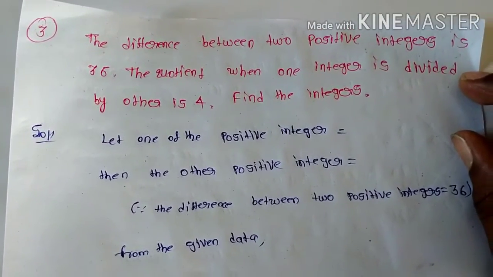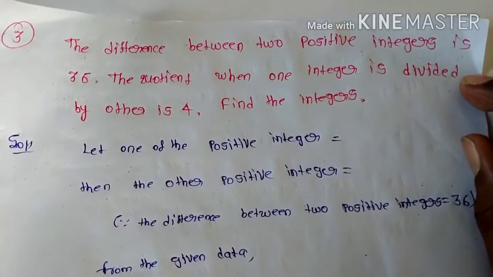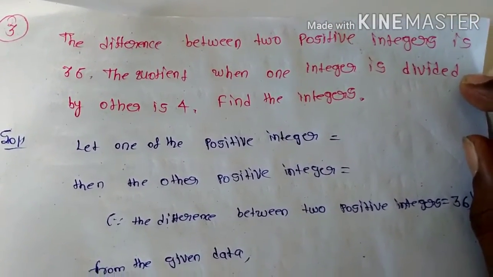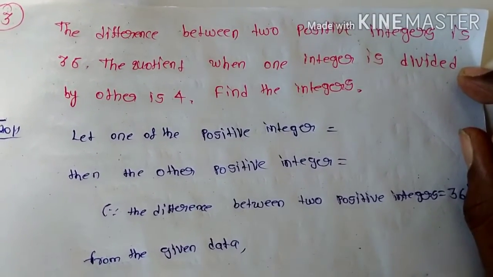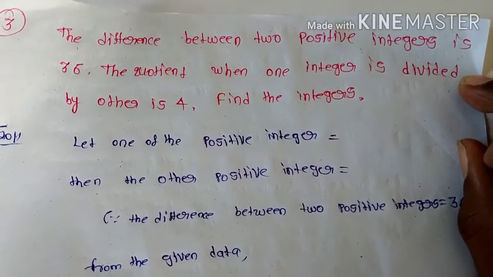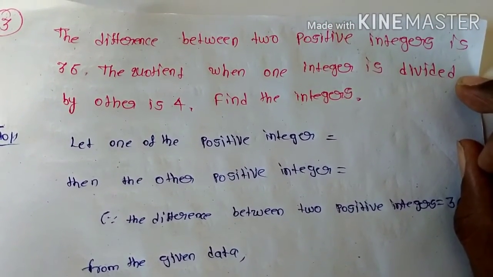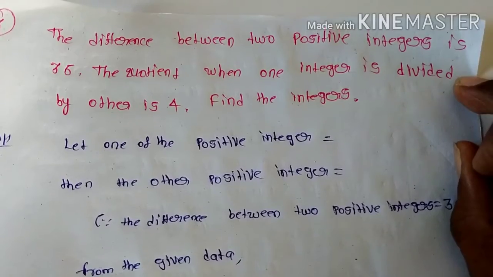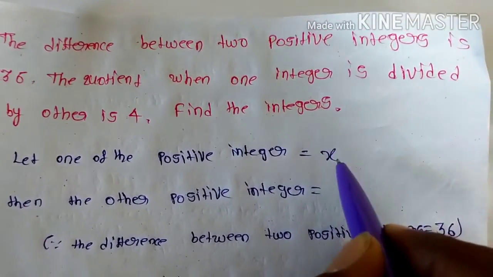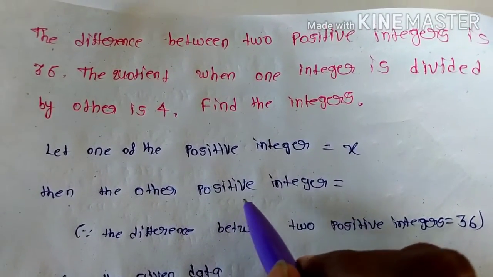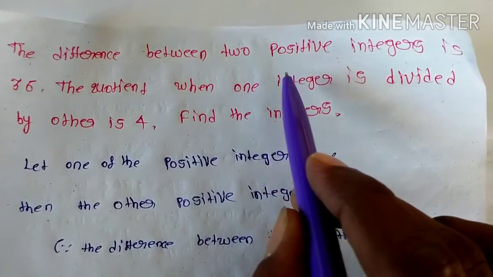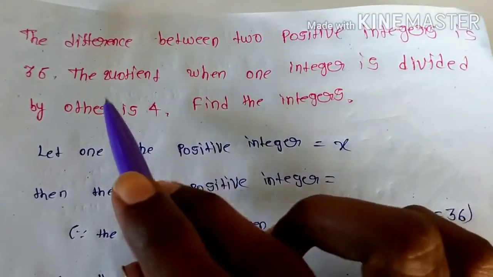Now you can see question number 3. The difference between two positive integers is 36. The quotient when one integer is divided by the other is 4. Find the integers. First of all, our assumption is: let one of the positive integers be x. Then the other positive integer: it is already given that the difference between the two positive integers is 36.